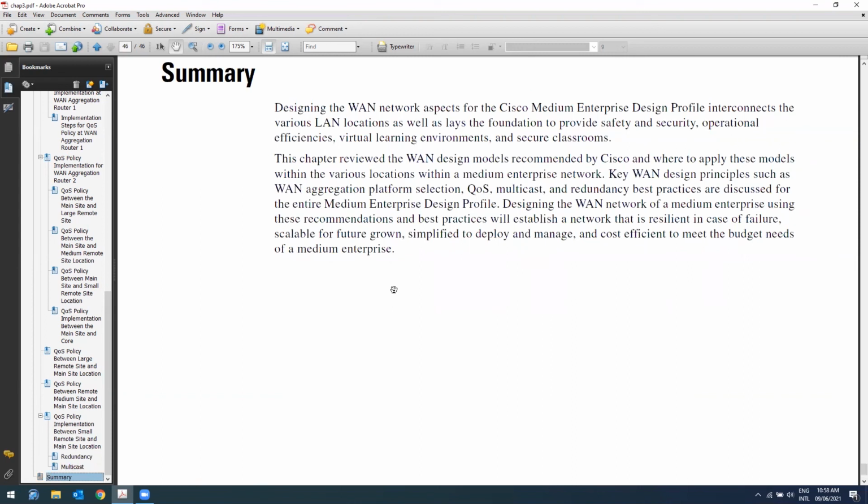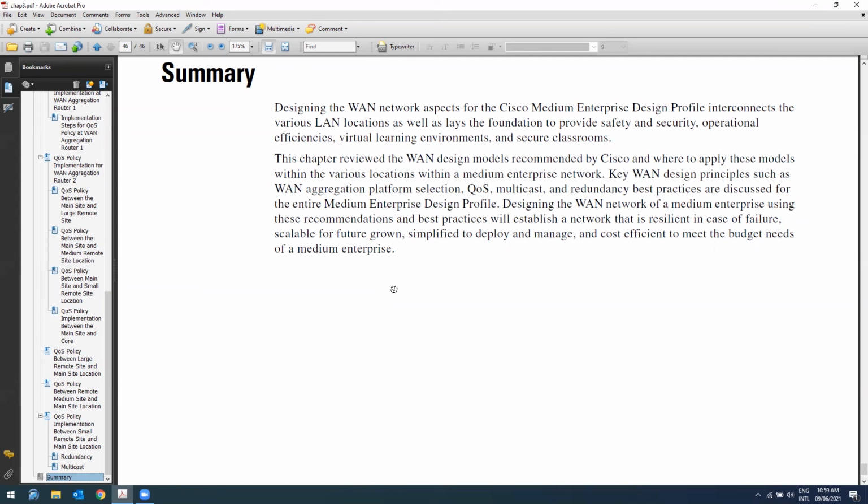And then summary. Okay, designing the WAN network aspect for the Cisco medium enterprise design profile interconnects the various LAN locations as well as lays the foundation to provide safety and security, operational efficiencies, virtual learning environments, and secure classrooms.